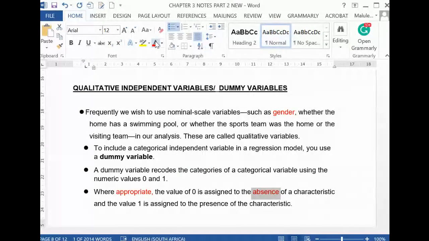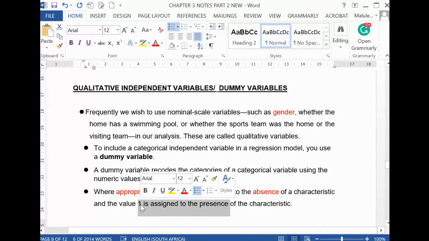If the house has a garage, we'll put 1. Same applies to the swimming pool. If the house has a swimming pool, you'll say 1. If the house does not have a swimming pool, you'll say 0, because it indicates the presence of something.